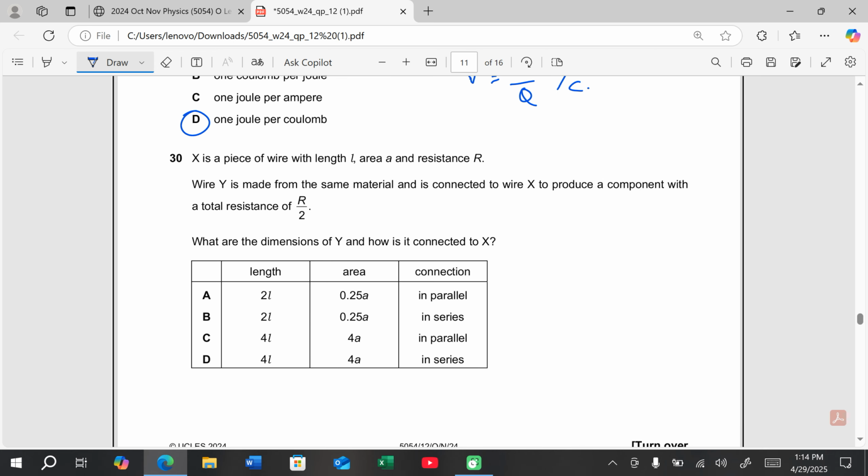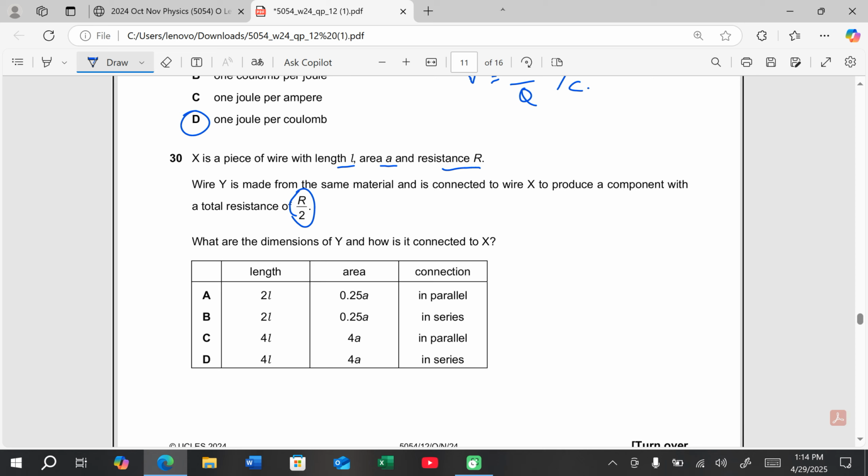In 30 it says wire X has length L, area A and resistance R. A wire made of the same material is connected to wire X to produce a component with a total resistance of R by 2. Now the resistance is halved, so it asks what the combinations are.